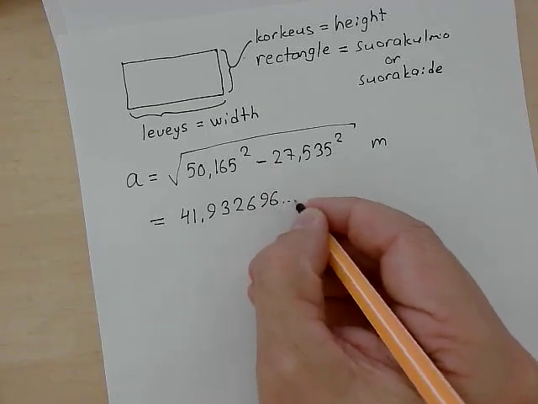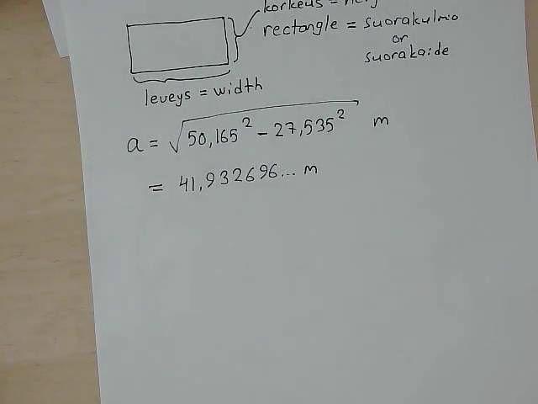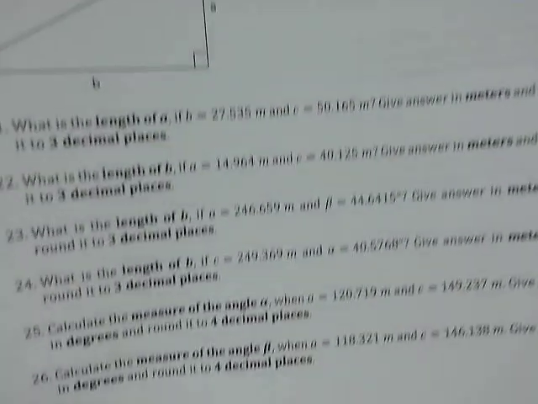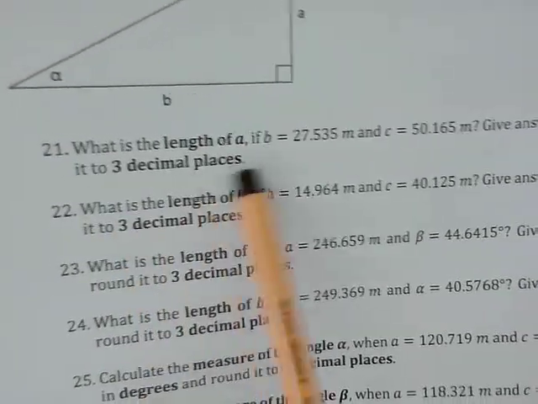First, I will put some extra decimals there. 41.9326, etc. And now they were asked to give the answer rounded to 3 decimal places.